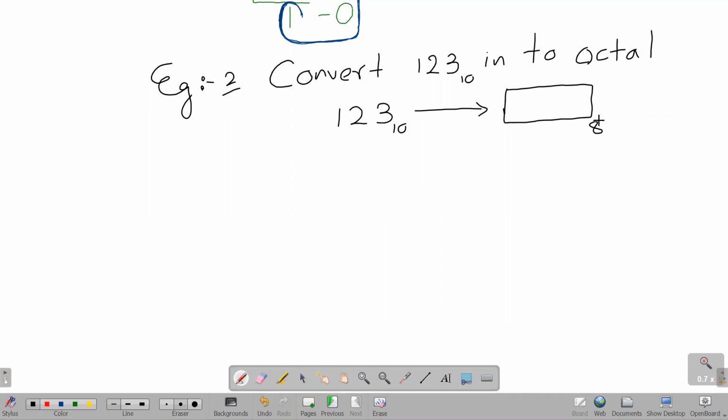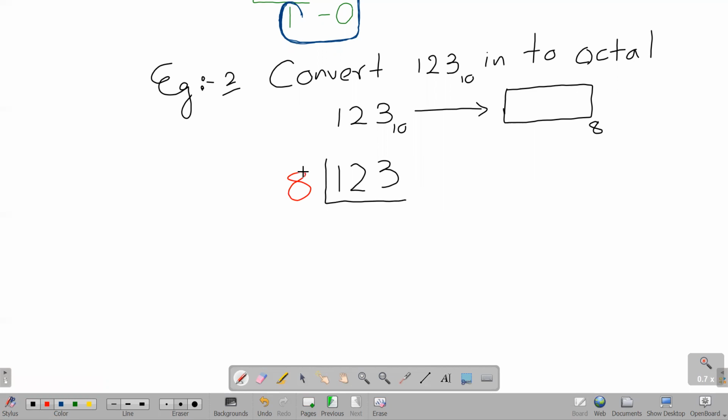So we are going to take 123, since it is the one that we need to convert, and we are going to divide this by 8. When we are converting it into binary, we divide it by 2. Now we are going to divide it by 8.